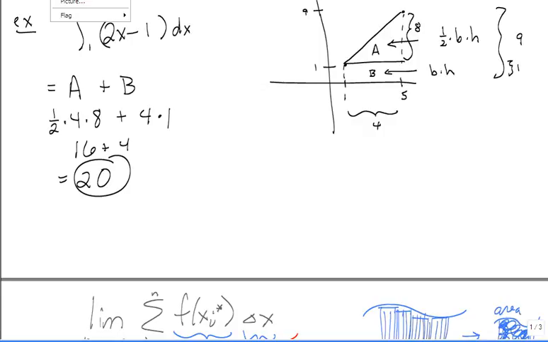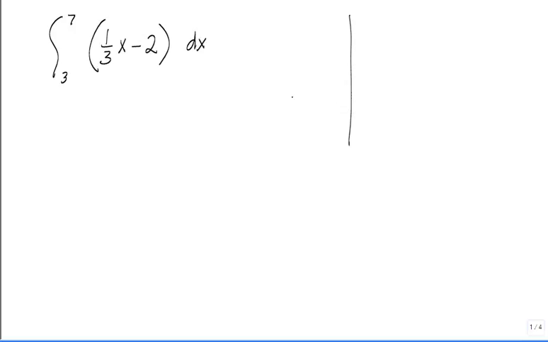Okay, let's look at one more where the function isn't positive. So I want the integral from 3 to 7 of 1/3 x minus 2 dx. So if I substitute 3 in there, I get -1. And if I substitute 7 in there, 7/3 minus 6/3 is 1/3. I get this. I guess I should have drawn a little bigger.